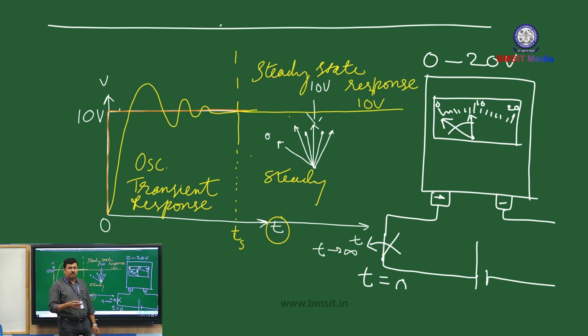So now I have to mathematize the concept. To understand the steady state and transient response, and to carry out that analysis, one mathematical tool which is a boon for us is the solution of differential equations.